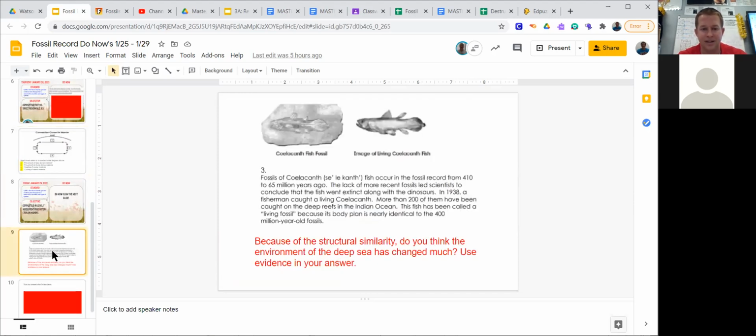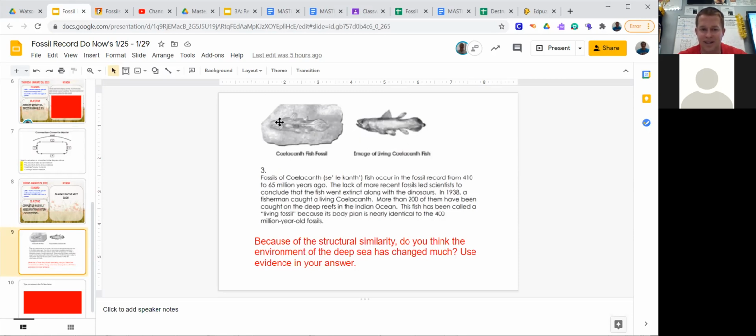And then Friday, okay, this is a picture of a fossil that is 65 million years old and a fish that is found around this time period. So how has the fish changed over those millions of years? What evidence could you say about the change? Well, looking at this fossil versus this one, a living fish, they're almost identical.